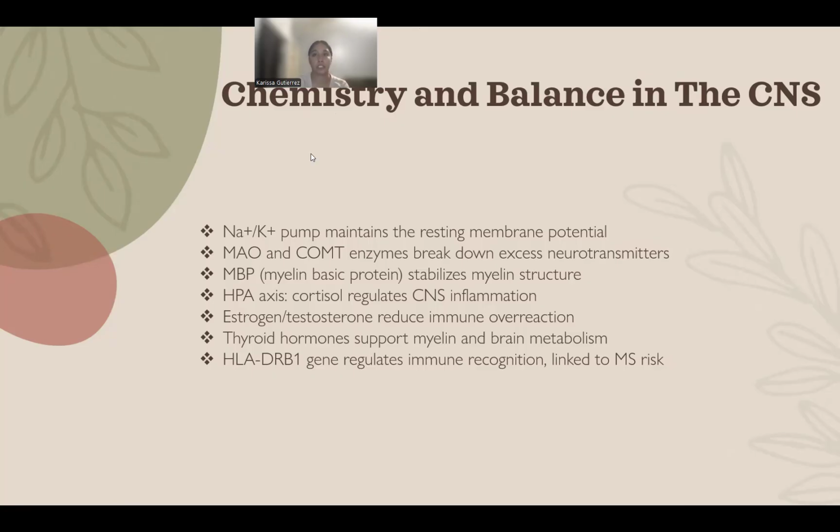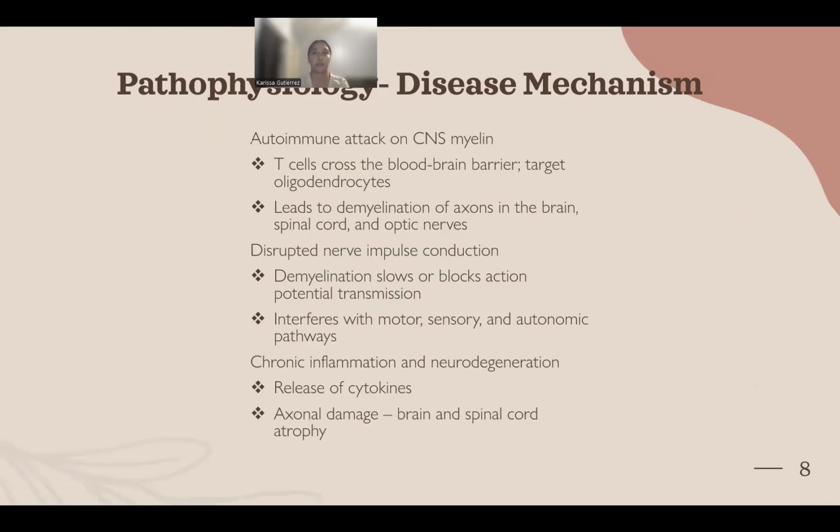Multiple sclerosis is an autoimmune condition where the body attacks its own cells, especially the T cells, which mistakenly cross the blood-brain barrier and attack the myelin. Myelin normally insulates the neuron and facilitates the rapid movement of electrical signals down the axon, so it speeds up that process.